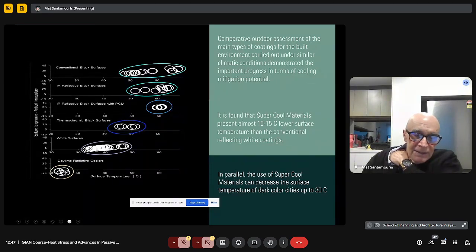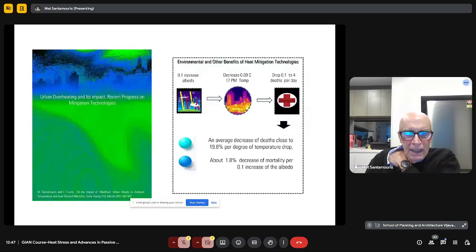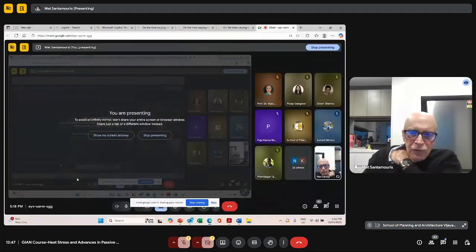By using advanced white materials, we had better results. But then we had the revolution of photonic materials. So in a period of about 10 years, we succeeded in decreasing the average temperature of cities by up to 30 degrees. So we are ready now to decrease the temperature of cities by up to 30 degrees, provided that these materials are implemented. I'd like to stop here.